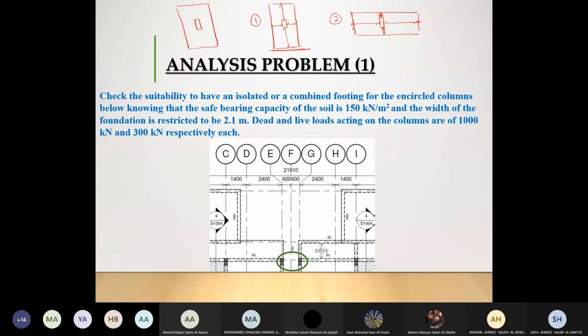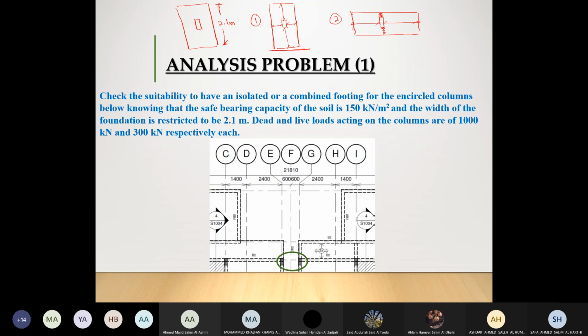Let's say that this is my width now, and this is my 2.1 meter. Now I need to check the length of the foundation.